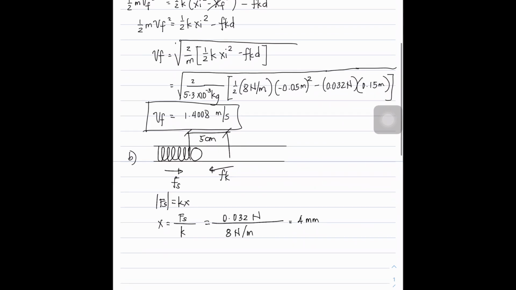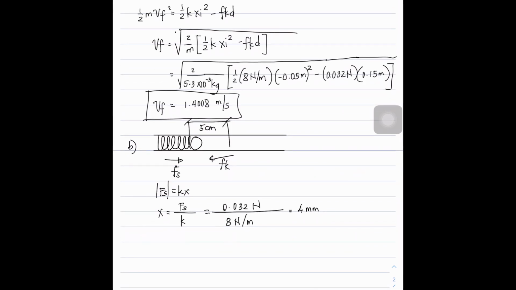From the initial position, we're gonna solve now where the ball has moved 4 millimeters from the initial position.